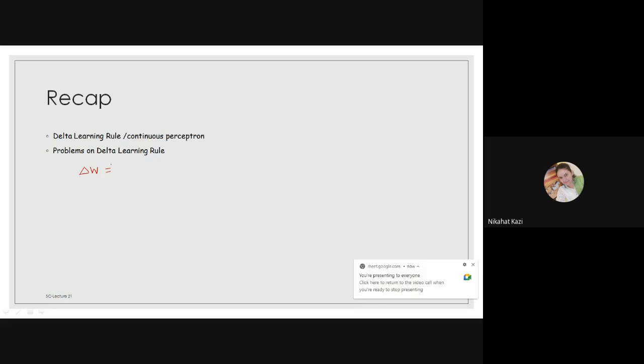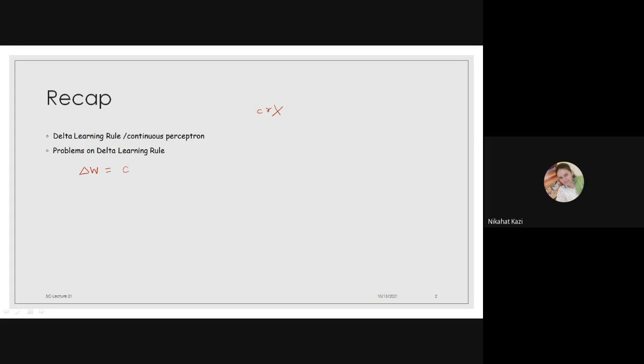What is the weight update for a generalized learning rule? What is the general equation? It is c r x. So what is going to change in c r x for each learning rule? R. So tell me what R is here. It is C times what, in the case of the delta learning rule?